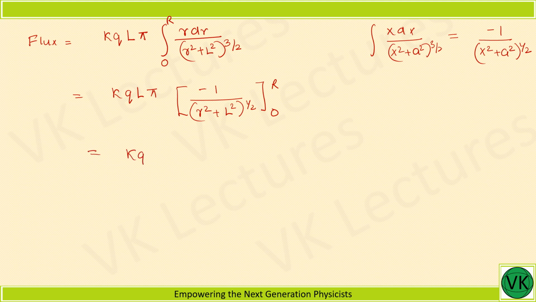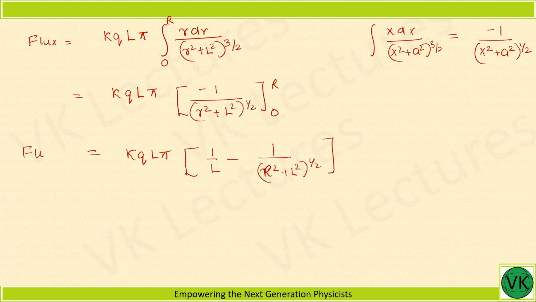So kql pi, going with the lower limit, r equal to 0 means 1 by L, minus, here we have 1 divided by capital R square plus L square whole to the power 1 by 2, and this is the flux through the upper half.